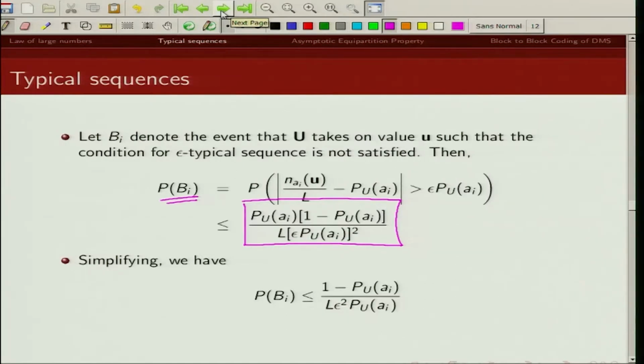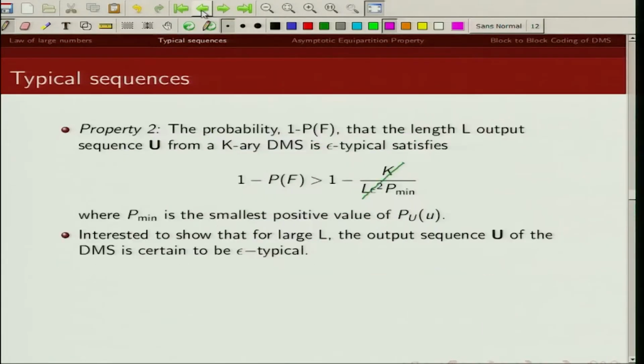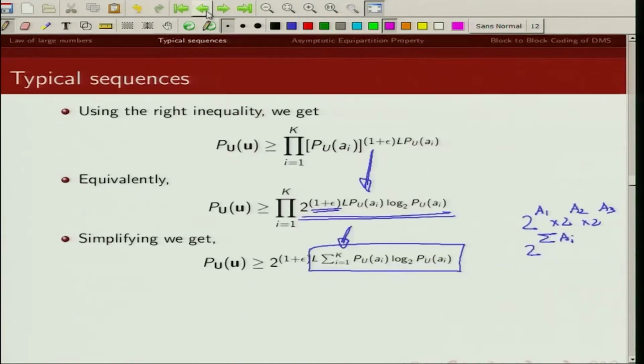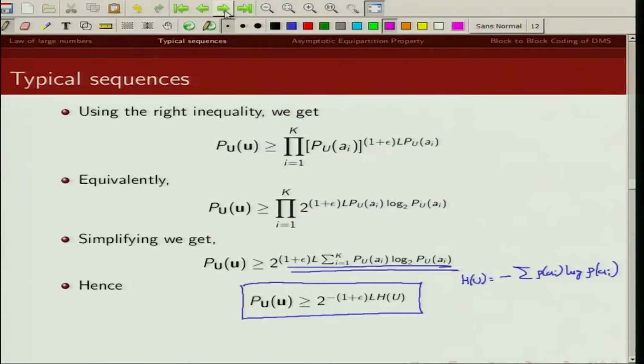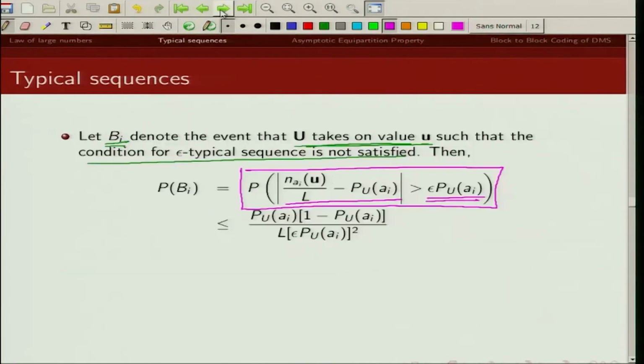If this condition fails for any one of these Ais, then it is not a typical sequence, because from the definition of typical sequence this condition should hold for all Ais. So if any of the Ais does not satisfy it, then u is not going to be an epsilon typical sequence.